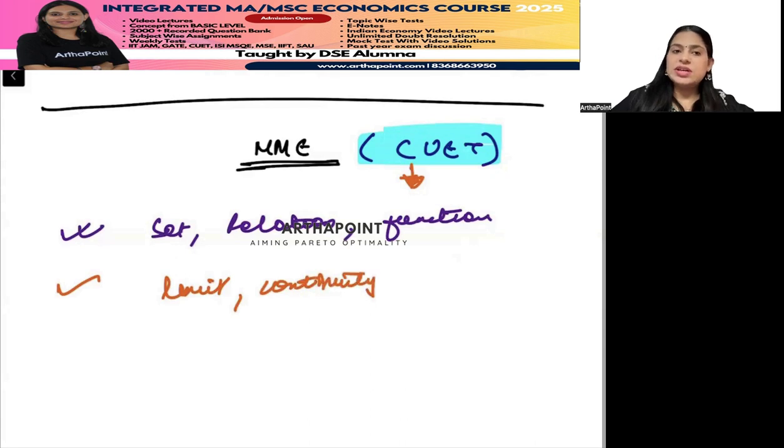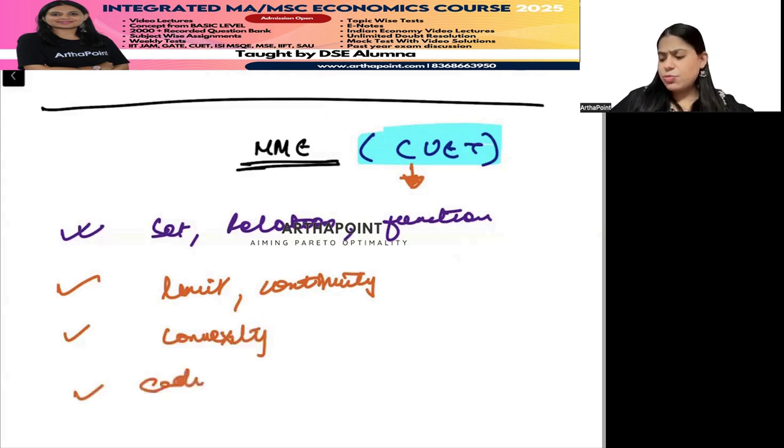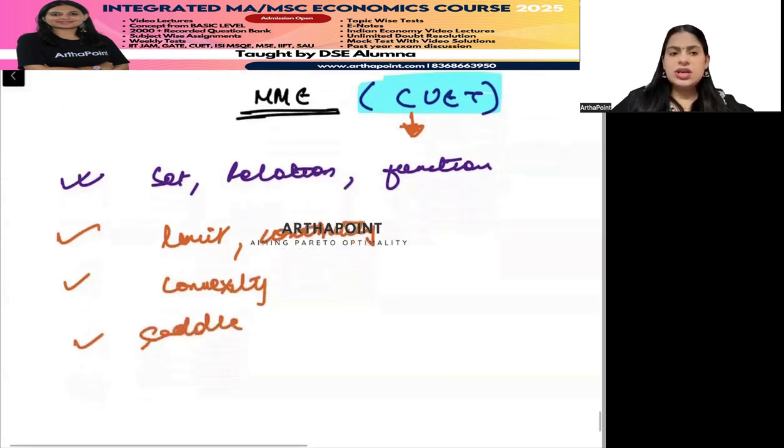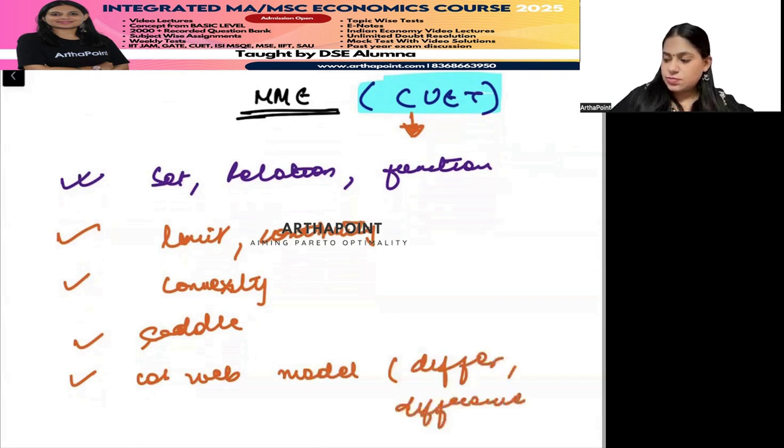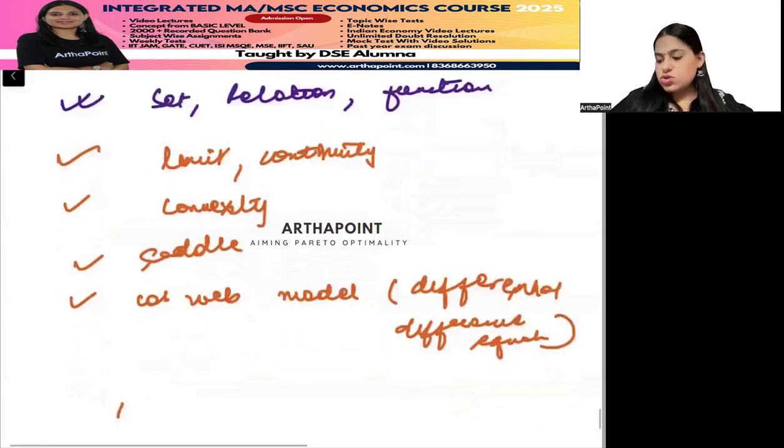Limit, continuity, integration, convexity and concavity of the function, saddle point, point of inflection, ठीक है, and cobweb model जो हमने यहाँ पे पढ़ा हुआ है, right? We have studied this ना, so differential equation, difference equation, right beta, and solution to system of equations.